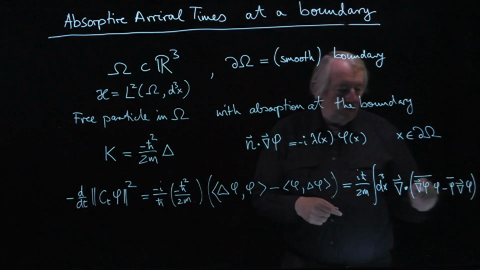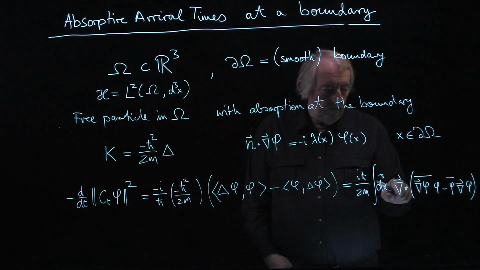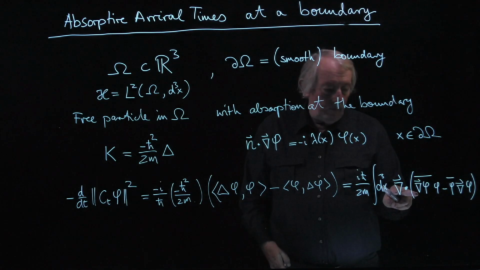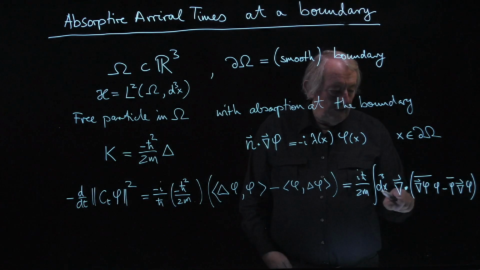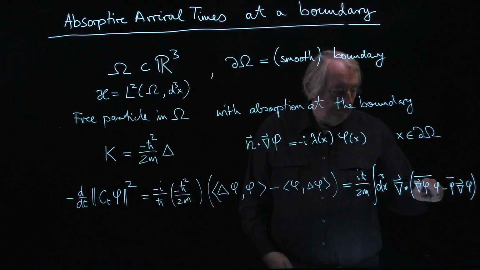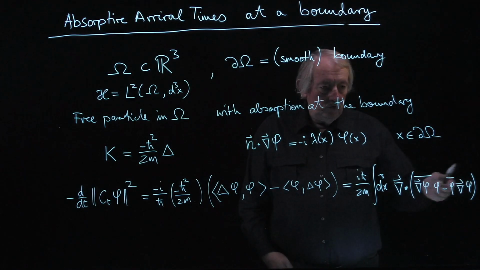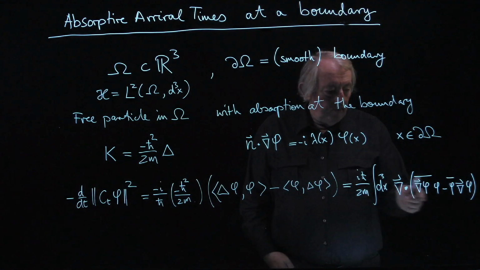Now, if you just do the computation here, then you see that the gradient acting on this part will just give the Laplacian. That's why we have a scalar product here. And the second part, where I take the gradient on the function, or in this case on the complex conjugate, that will just give two terms that cancel. So we can apply Gauss's law.